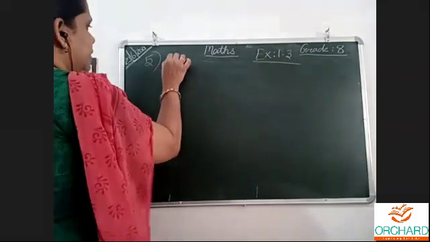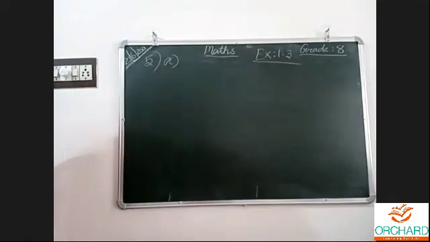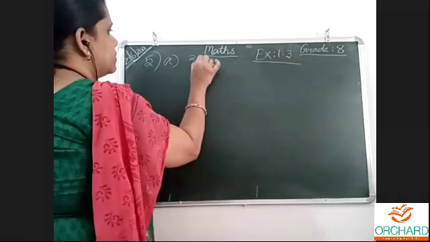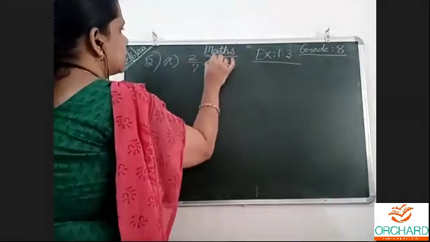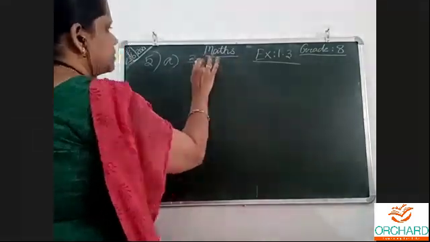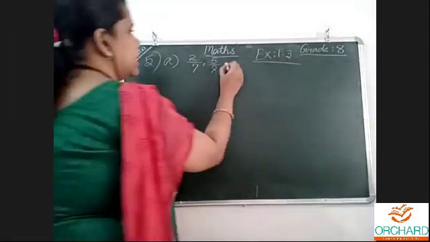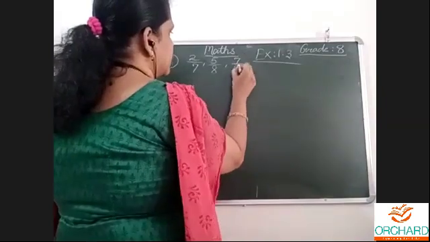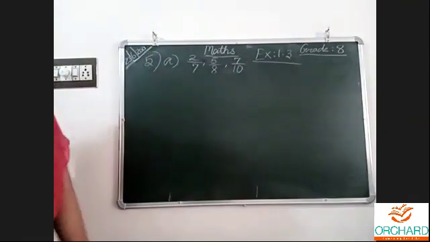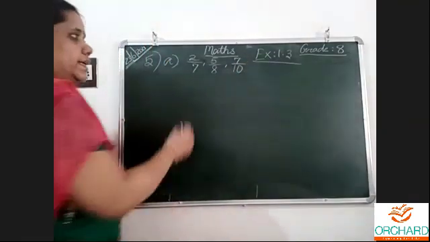Question number 5A. 2 by 7, 5 by 8, and 7 by 10. This is the question given in the textbook. They will give 3 numbers, that is the associative property.